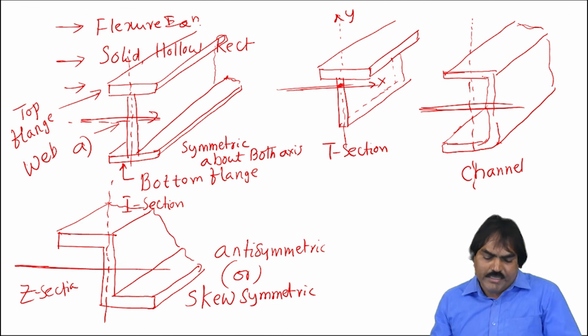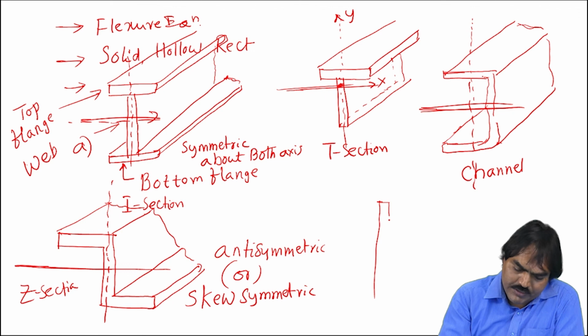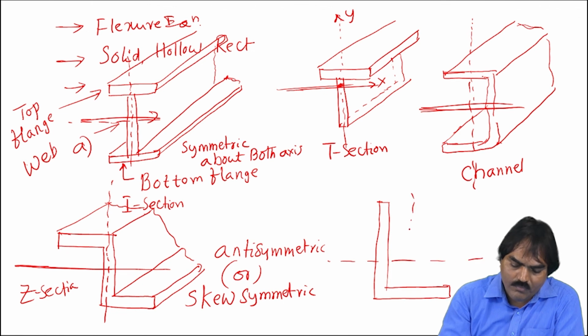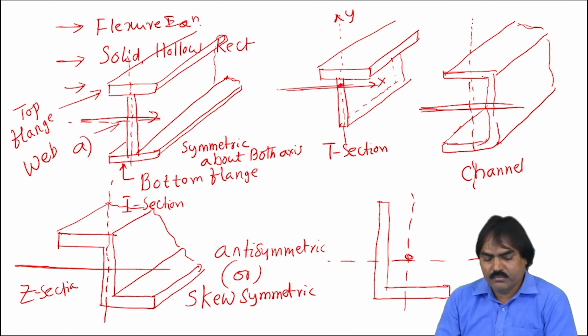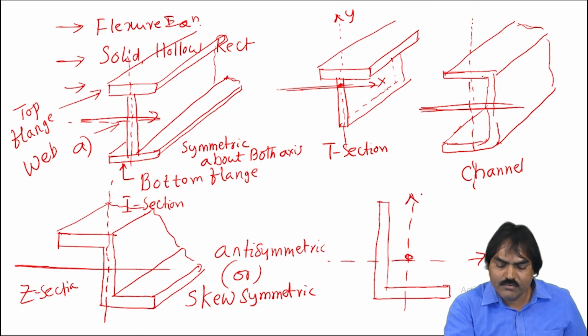Now there is one more section, which is unsymmetric about both the axes. This is unsymmetric about x as well as y.